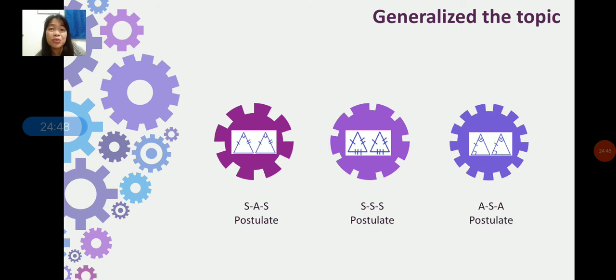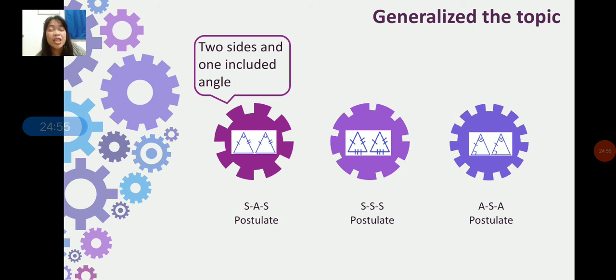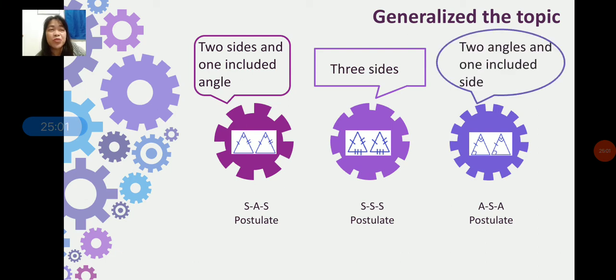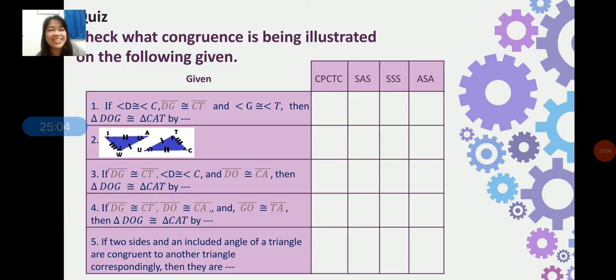Now, how do we know if the triangles are SAS congruent? We have two sides and one included angle. For SSS, we have three sides. And then for ASA, we have two angles and one included side.